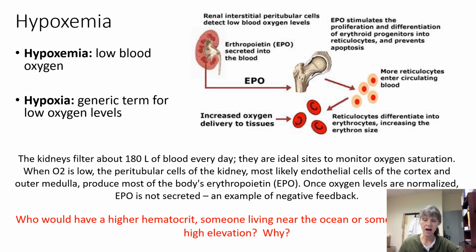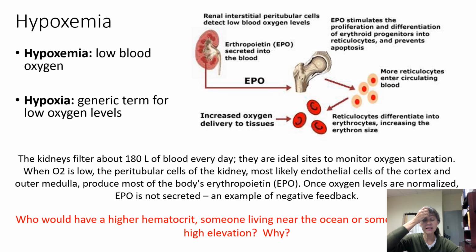And when oxygen levels are decreased, there are special cells in the kidney, called peritubular cells, and they're most likely going to be found in the endothelium of the cortex. Remember, in an organ, the cortex is the outer portion, and then the medullary portion is the inner portion.